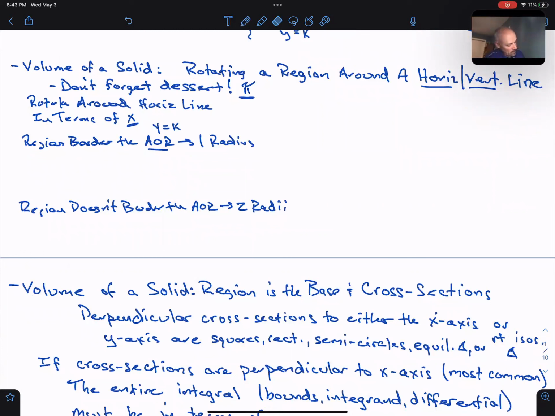So for this case where the region borders the axis of rotation, it's going to be pi, and put pi right out in front like a constant, out in front of the integral. So from some x to another x, and then it's basically just going to be the upper function, which I'm just going to say is f of x minus k, my axis of rotation. Don't forget that's a radius. I need to square it, and then dx. That's going to give me my volume.